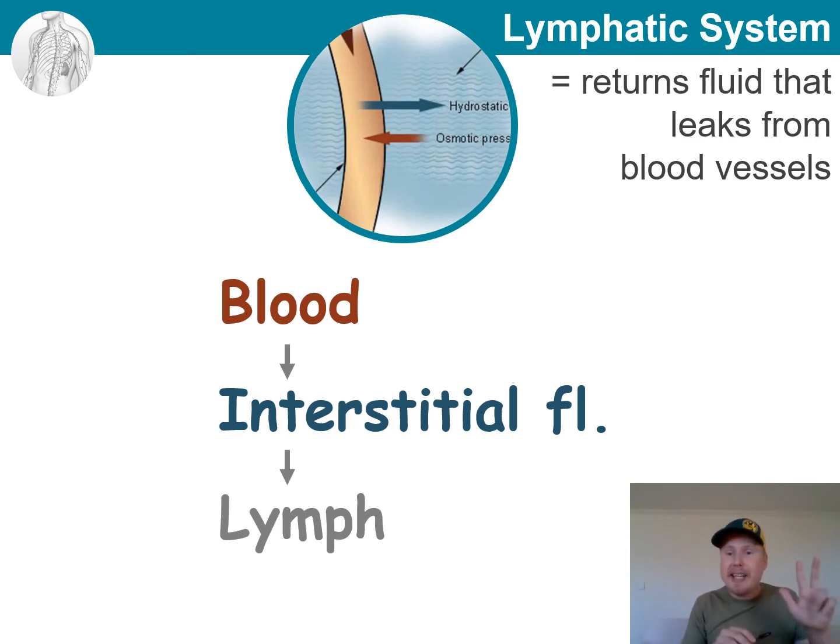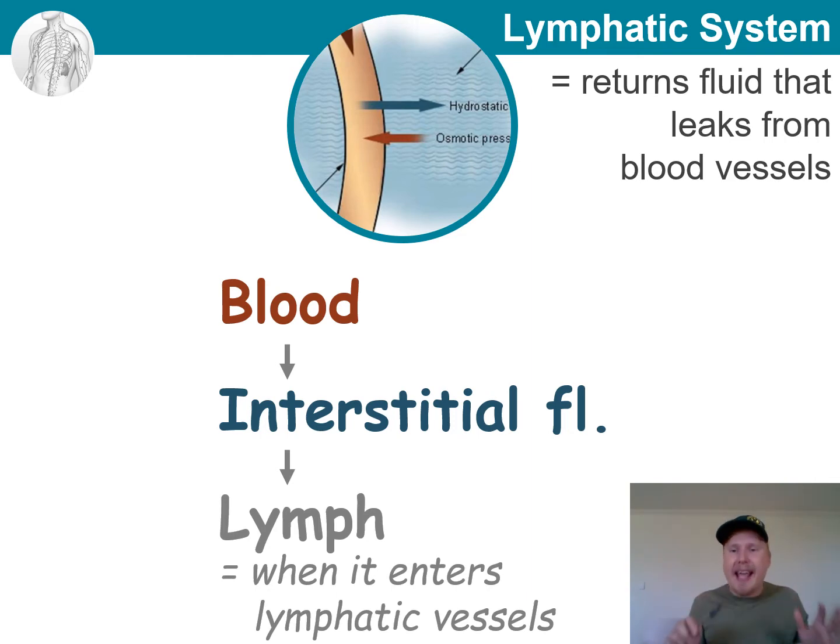And this 3 liters of net gain of fluid that is left outside is bound to become lymph. But when does it become lymph? Well, the answer is when it enters the lymphatic system through entering the lymphatic vessels.